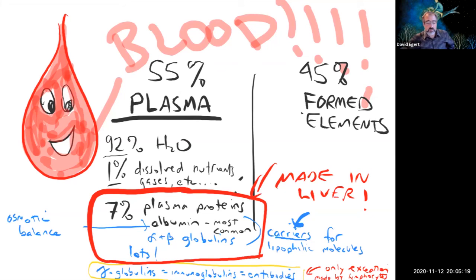The immunoglobulins or the antibodies, they are made by lymphocytes, but all of the other ones are made by the liver. The liver does so many different things, but one of the things the liver does is make the plasma proteins.